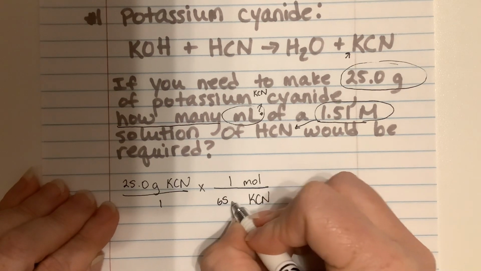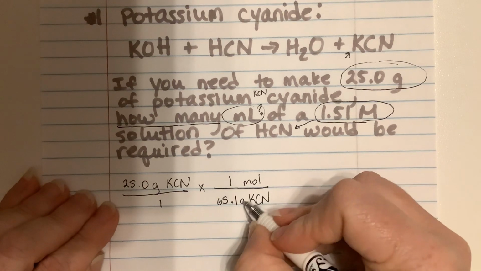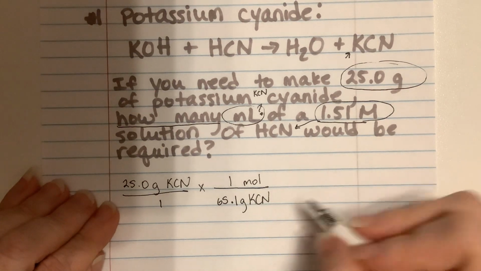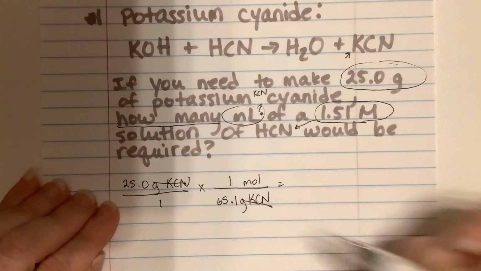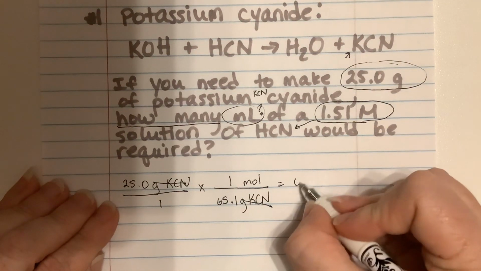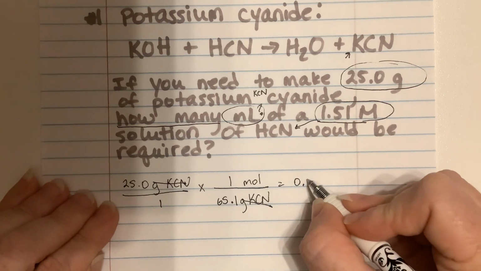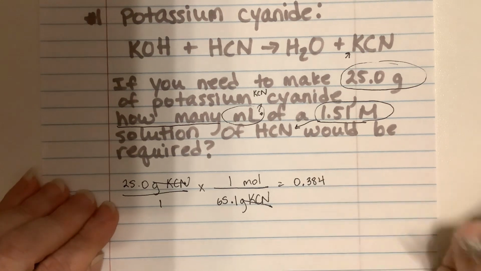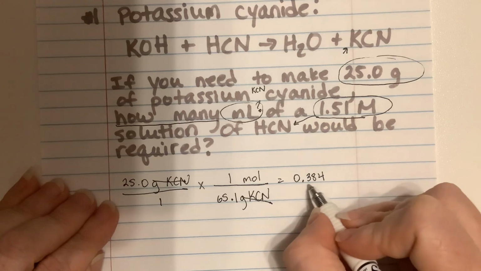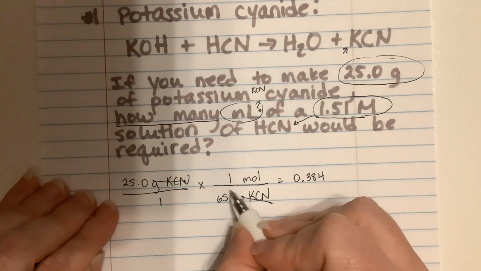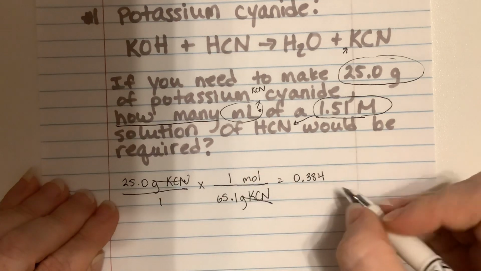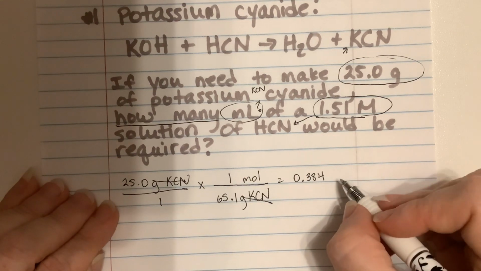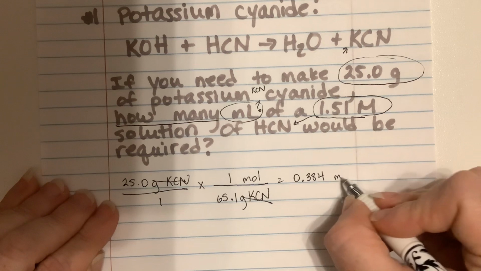It is 65.1 grams. So now I can figure out my moles, cross this out, cross this out. This is just a division problem. 0.384. I'm going to do 3 significant digits because this is 3 significant digits and this is 3 significant digits. All right, so I have 0.384 moles.